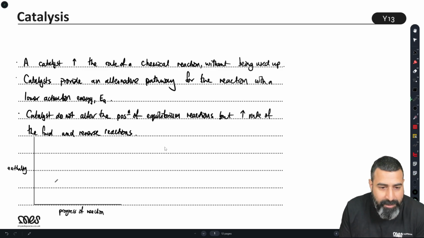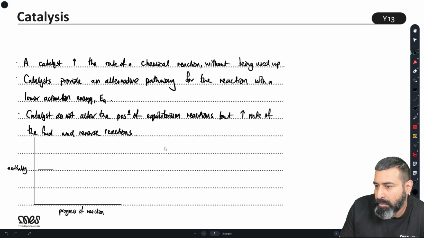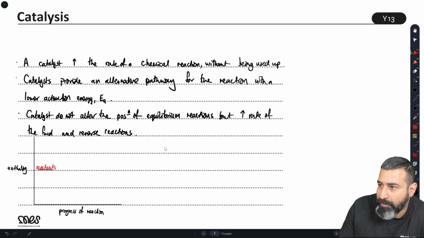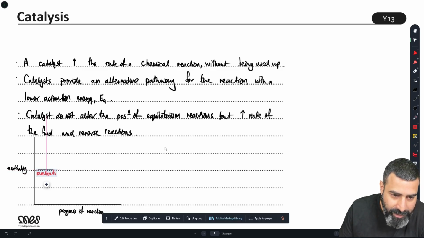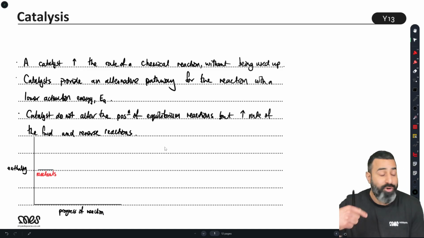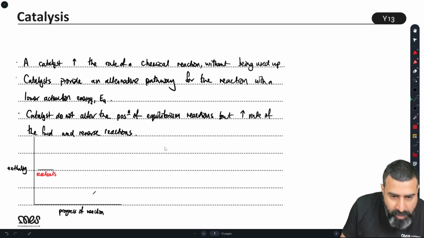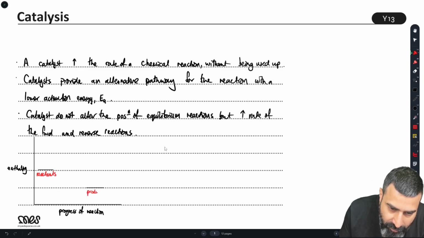So let's just say that our reactants have this level of enthalpy, and if those are our reactants, where do our products go? Let's just do it for an exothermic reaction. So our products are going to be lower in energy, so they're going to be more stable. So let's say our products are here, and let's label those as my product.